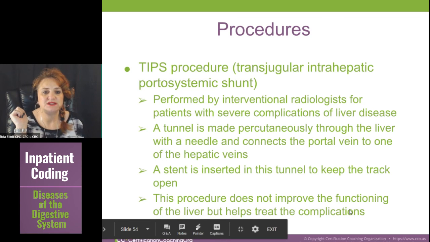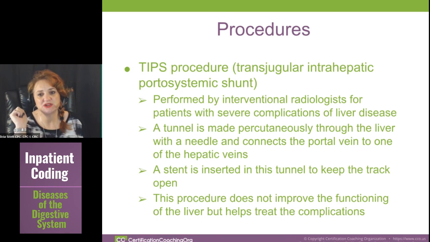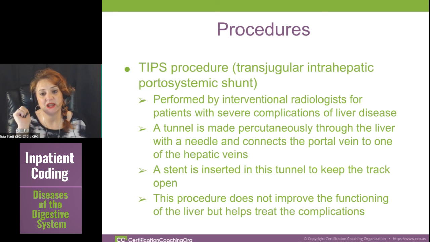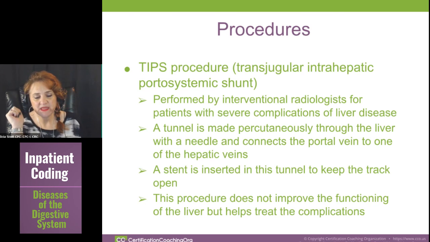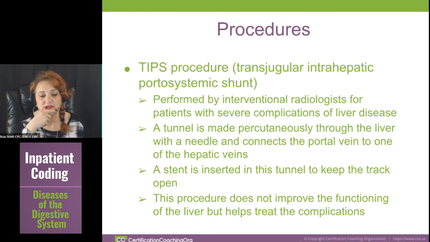If we do a TIPS procedure, it's a transjugular intrahepatic portosystemic shunt. The interventional radiologist will do this, and usually this happens when people have liver disease. They tunnel in percutaneously.